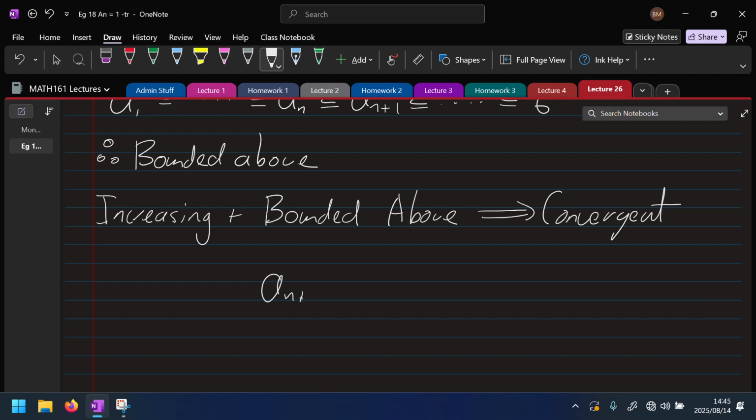So we've got AN plus 1 is equal to 1/2 AN plus 6. We want the limit of that, the limit of AN. So let's just take the limits on both sides. So we're going to have the limit as n goes to infinity of AN plus 1 is equal to 1/2. The limit can just go inside that there.